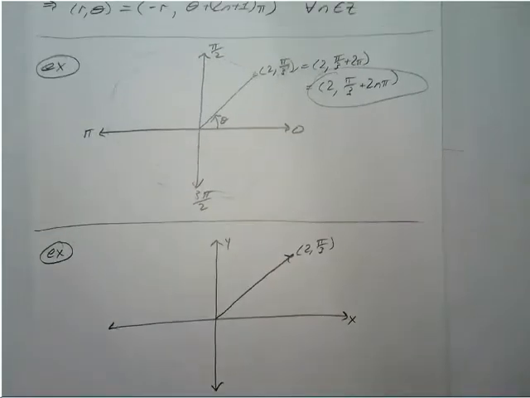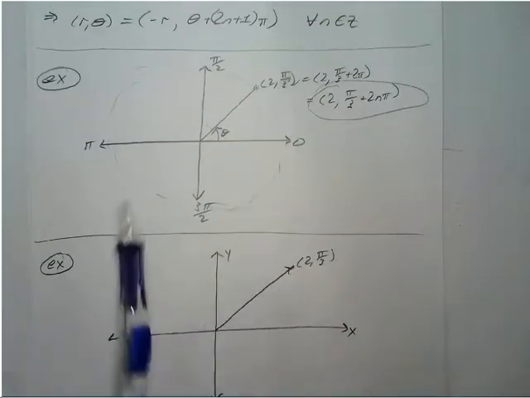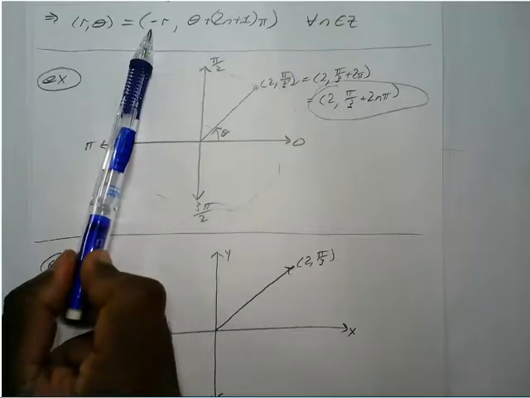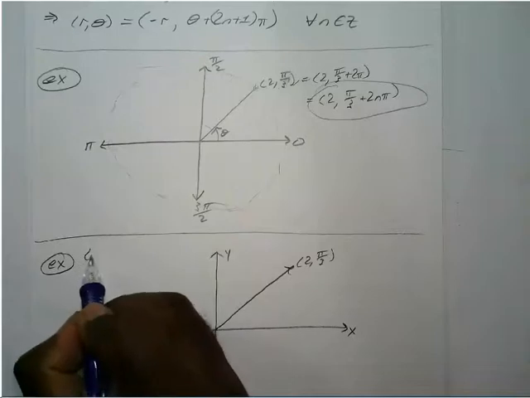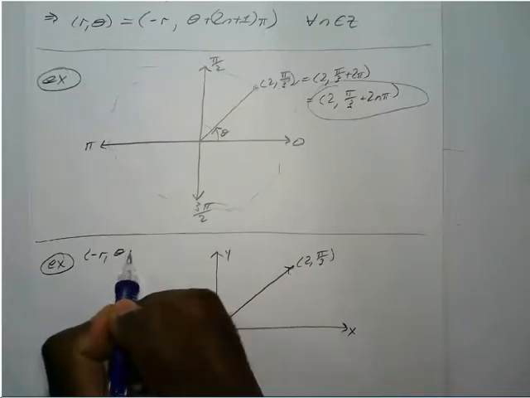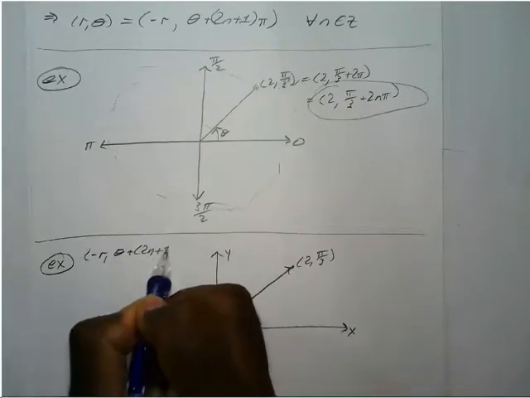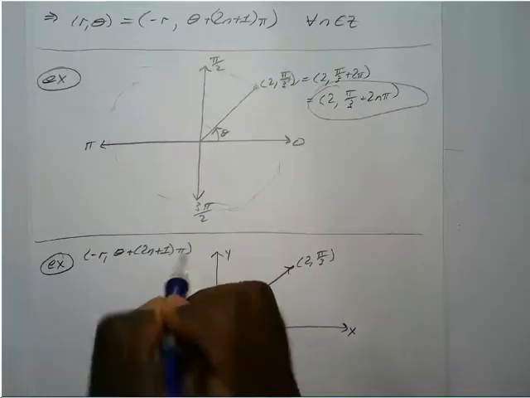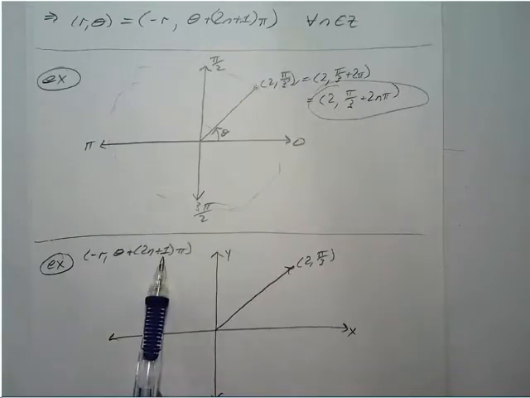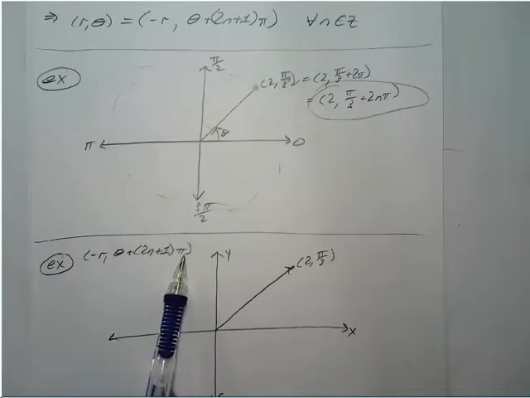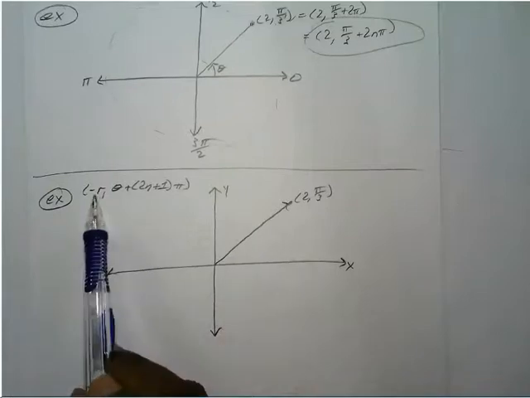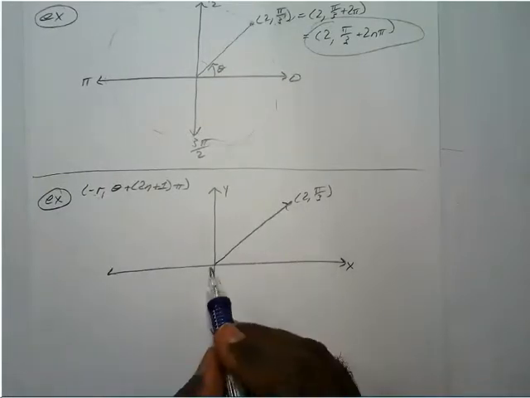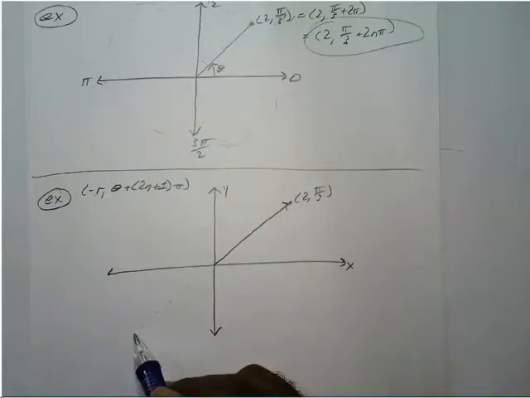Now we're looking at that same point, but with this one: (negative r, theta plus (2n plus 1) pi), so basically an odd number times pi. Remember, that's for any integer. If you think of it this way, negative r would be negative 2, so negative 2 would be this way.